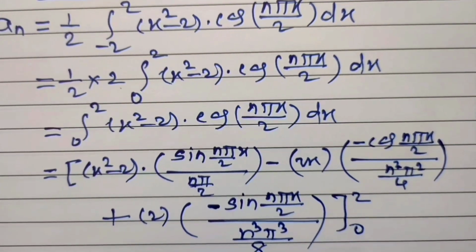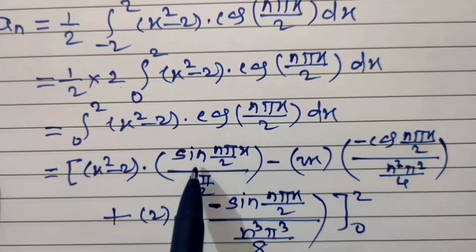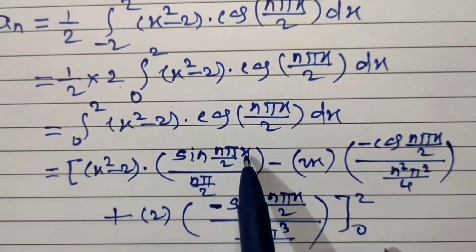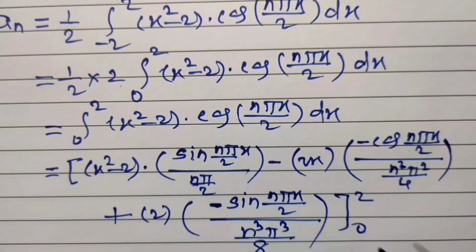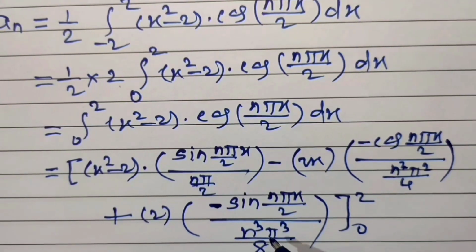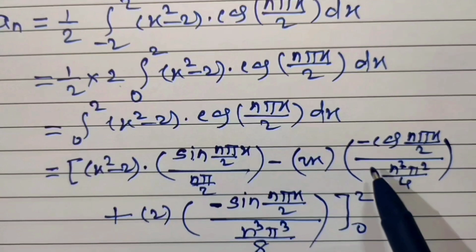Now if we replace x by upper limit 2 in the sine function, sine of n pi into 2 by 2, the 2 gets cancelled, this term becomes 0 as well as this term becomes 0. And if we substitute the lower limit, in that case also this term becomes 0, this term becomes 0. Only this term remains. So taking this term, substitute lower limit and upper limit.